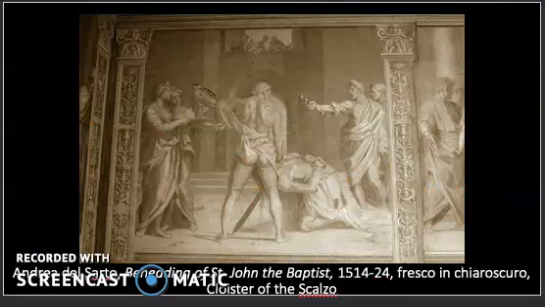And another one I've found in Florence is Andrea del Sarto's beheading of St. John the Baptist in the cloister of the Scalzo. So it's the entryway to the confraternity of St. John the Baptist.